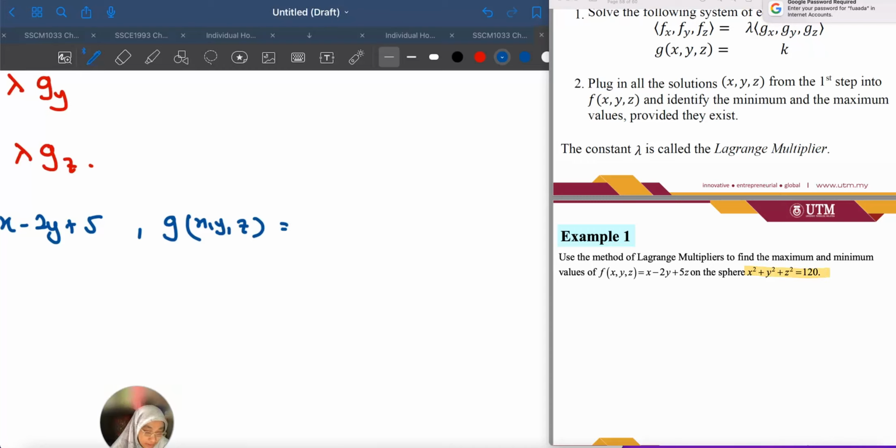You can say that the constraint given is in terms of x squared plus y squared plus z squared equal to constant k, which is 120. So we just take this one as g(x, y, z) equal to k.